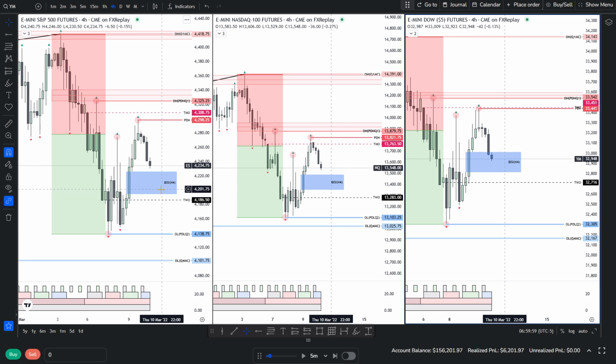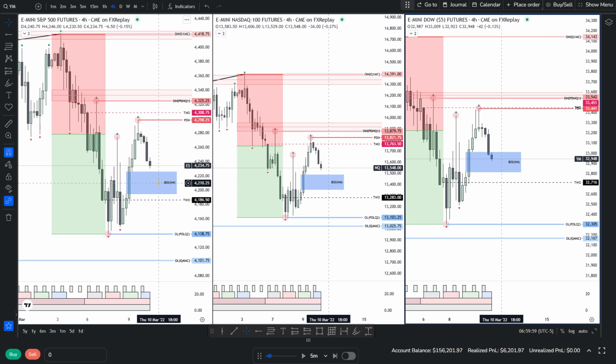Reason being, if we find support, sorry, I'm back. Because if we find support, then we see a continuation of higher prices.